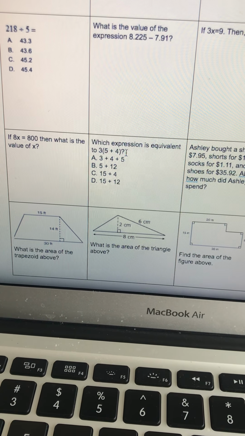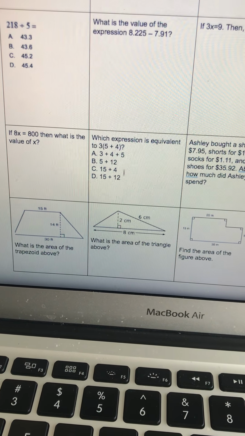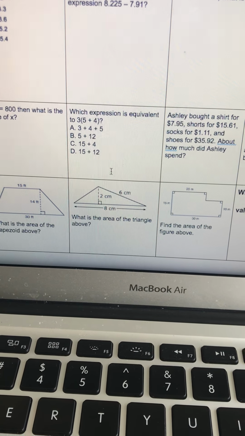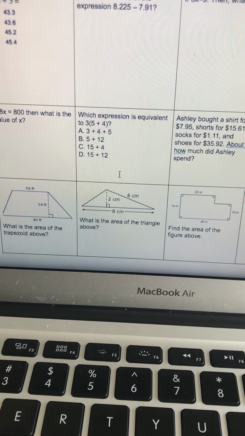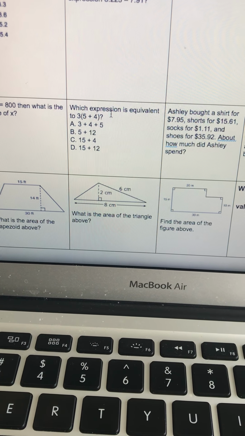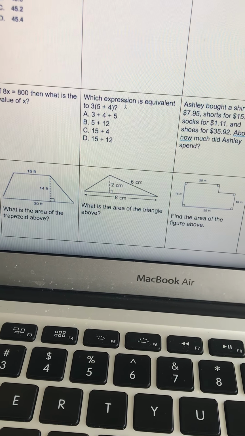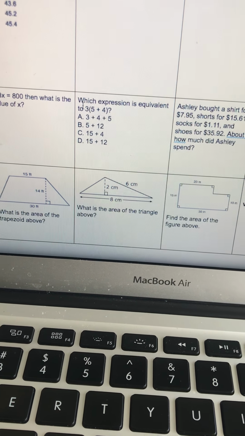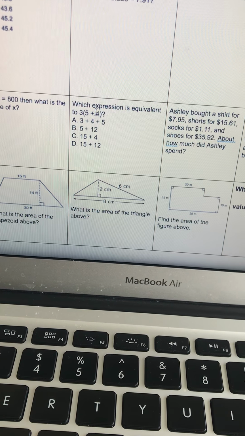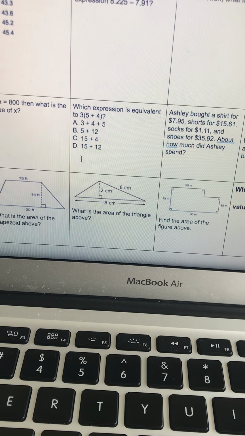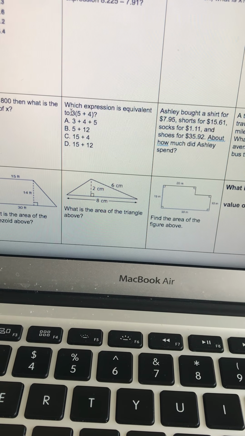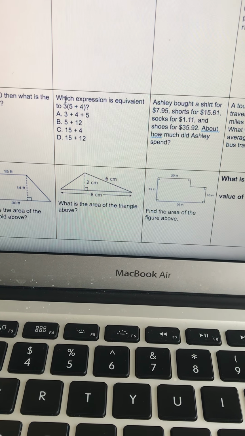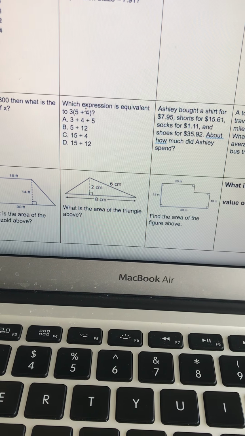Number 3, which expression is equivalent to 3 times the quantity 5 plus 4? All right, so here we have to figure out what's going on. We can solve this and find one that's equivalent, or we know that a property is happening, right? So we can determine if we distribute this, what would we get? All right, if we did the distributive property, 3 times 5 is 15. 3 times 4 is 12.